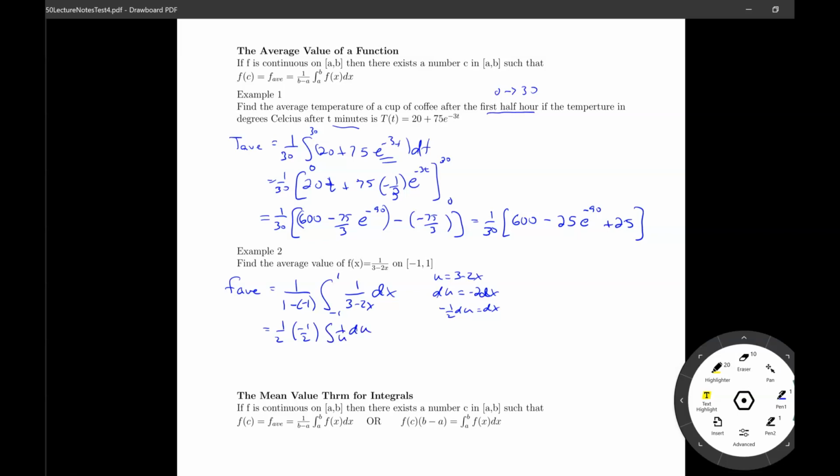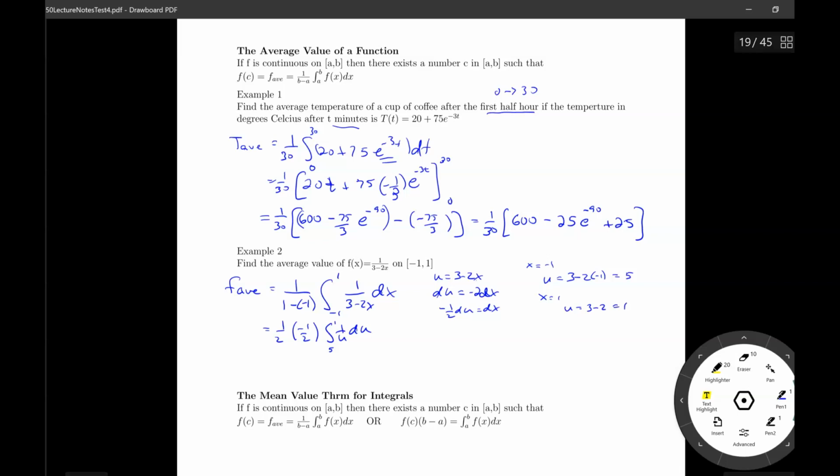I like to change the limits so I don't have to go back. If I put x equal negative 1, that will give me 3 minus 2 times a negative 1, so 3 plus 2, so that's 5. So this turns into 5. If I put in x equal 1, I get u equals 3 minus 2, which is 1.